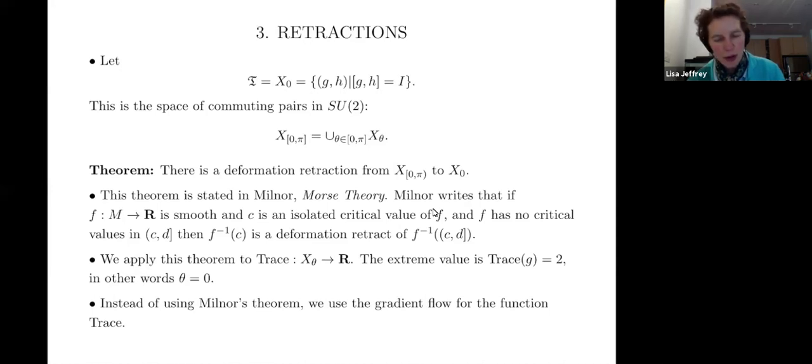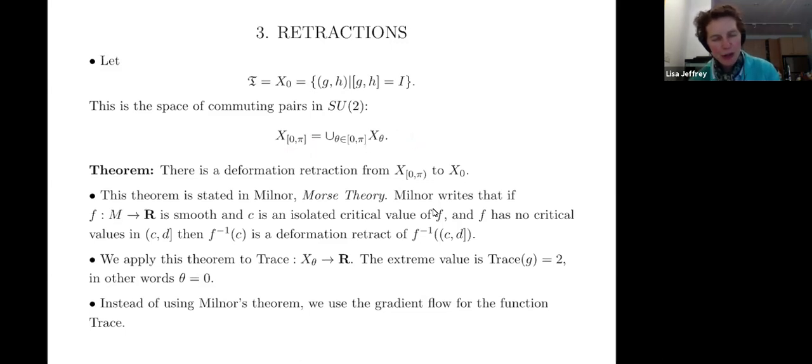I'll say something about retractions. So this space of commuting pairs, write that as X sub 0, where theta is in fact equal to 0. I'll introduce a notation where intervals mean, so X of the closed interval means the union of all the X thetas.